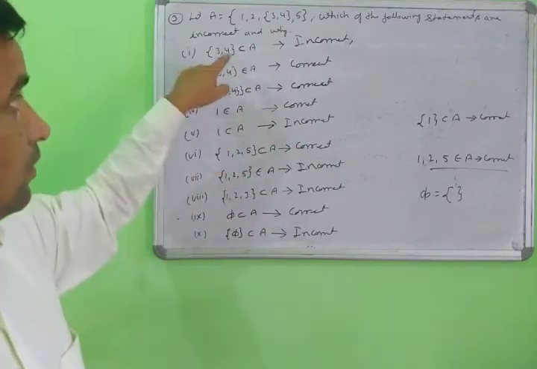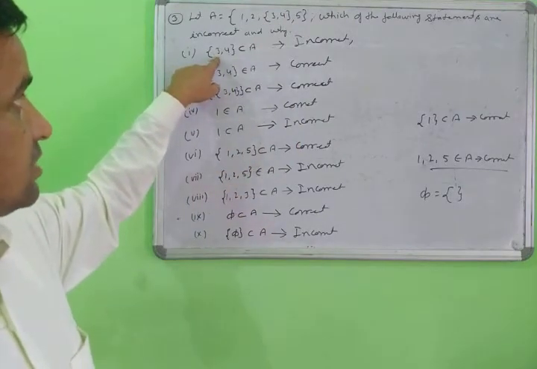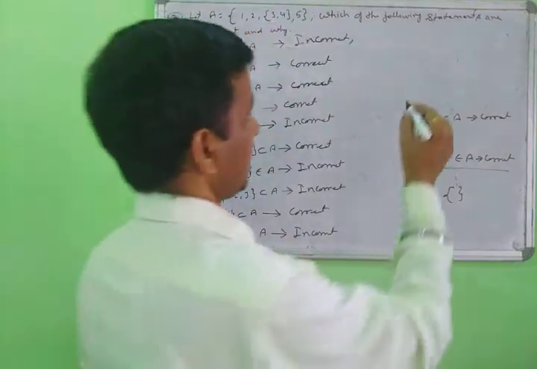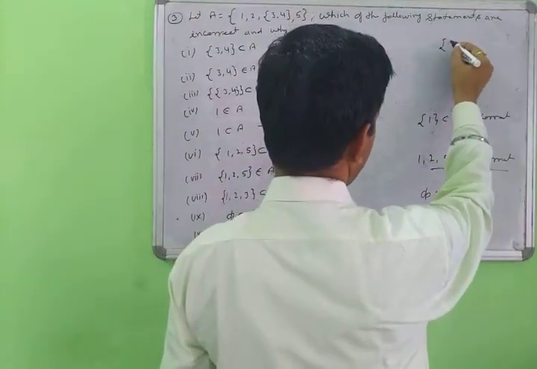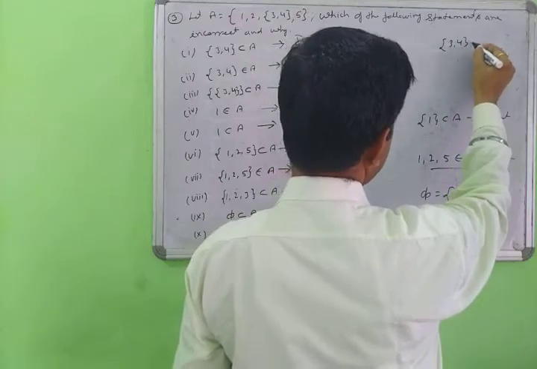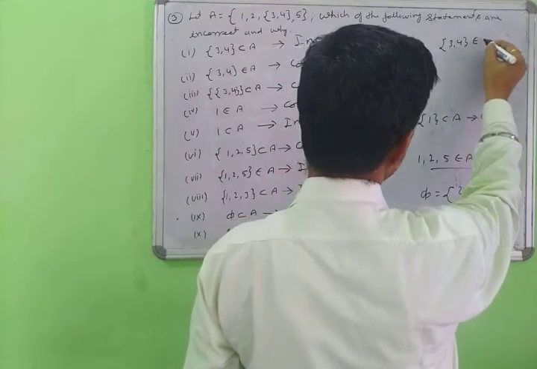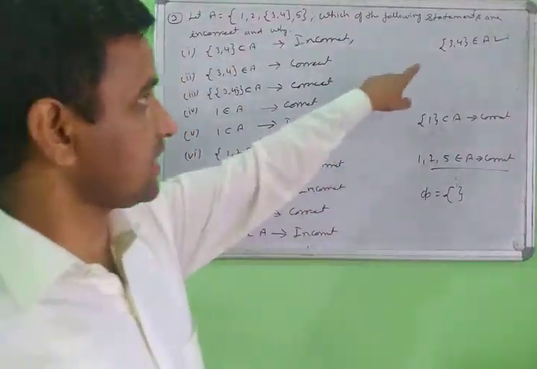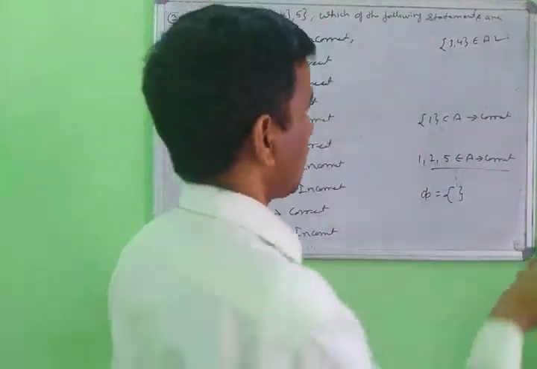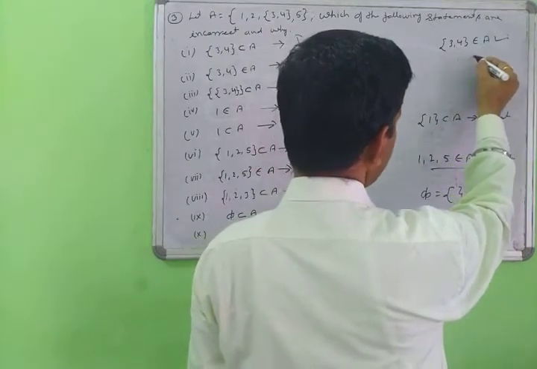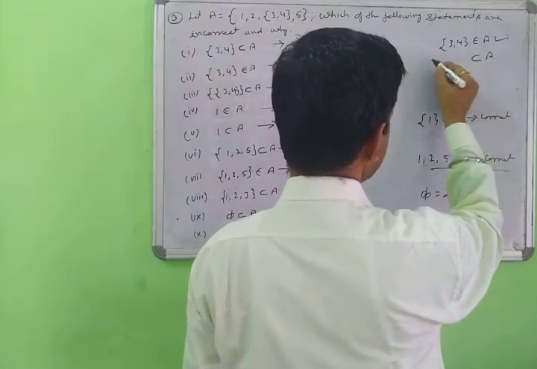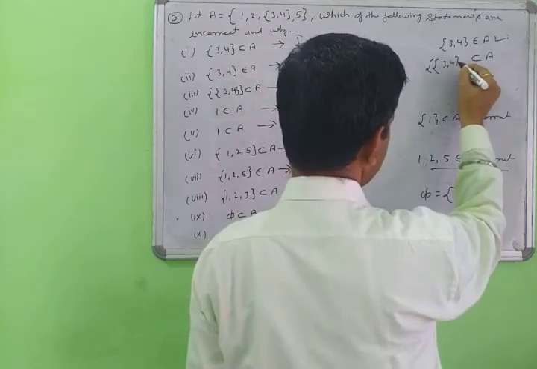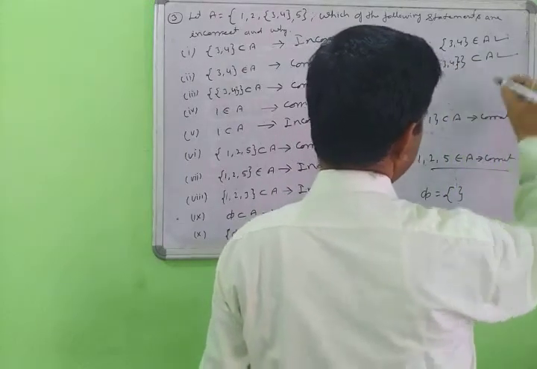One more time here. {3, 4} is written as an element. {3, 4} is already an element: 3 and 4 together are one element. It means this belongs to A. This is the correct form. When you write the belongs form, it belongs to A; for the subset of A, you use the double curly bracket, and then it will be correct.